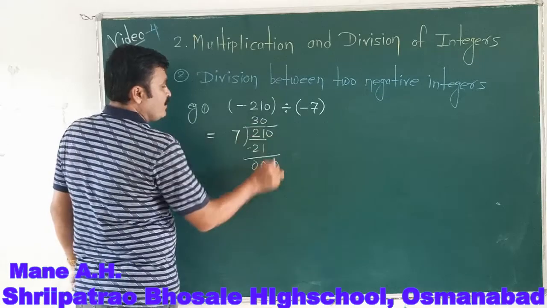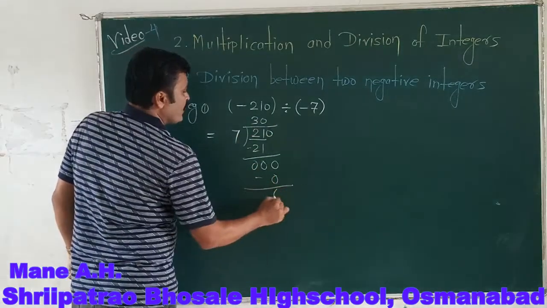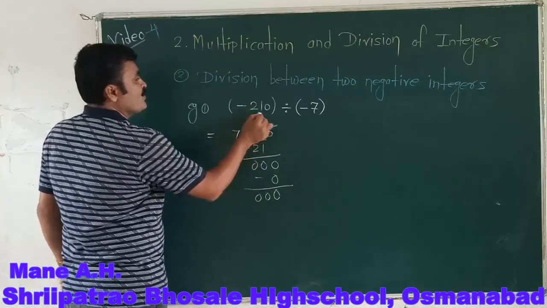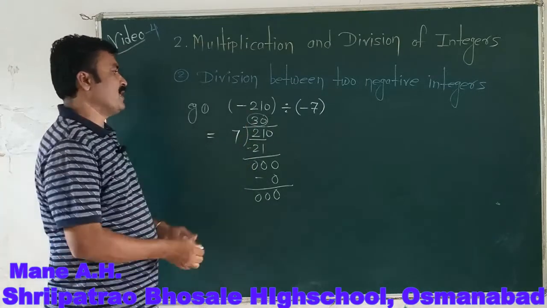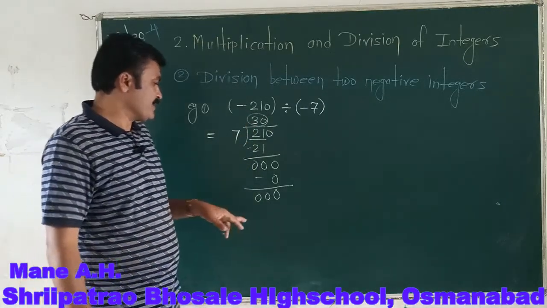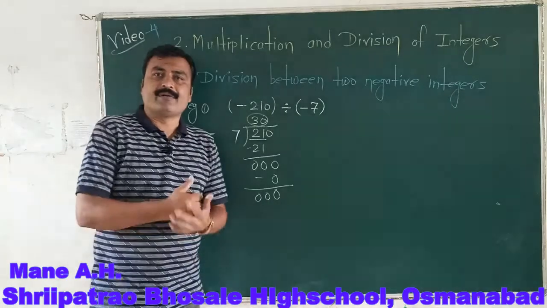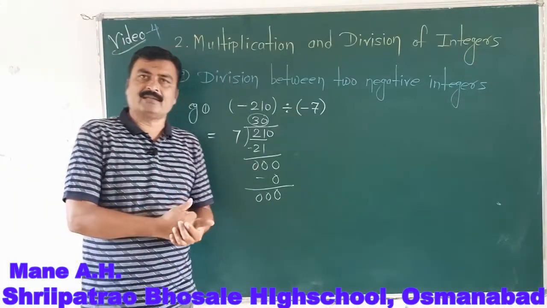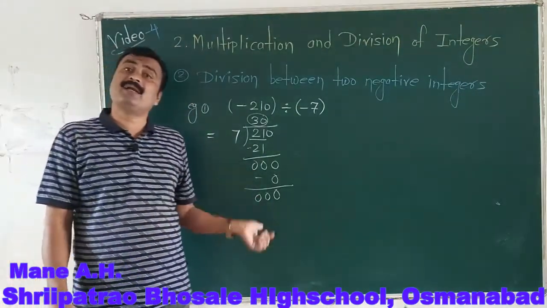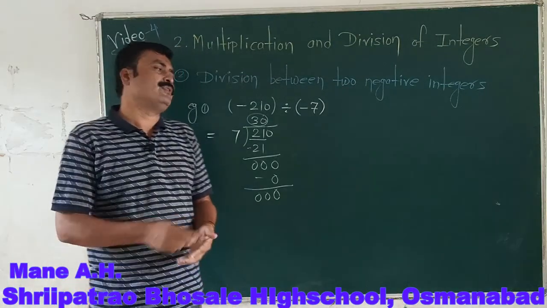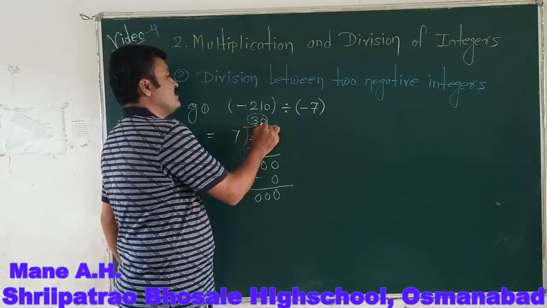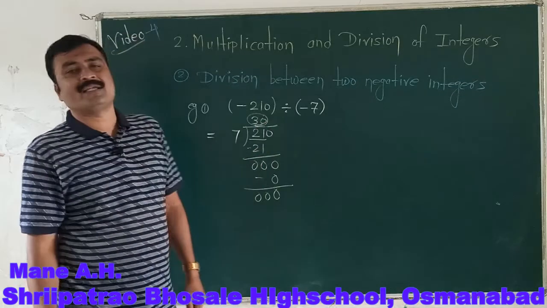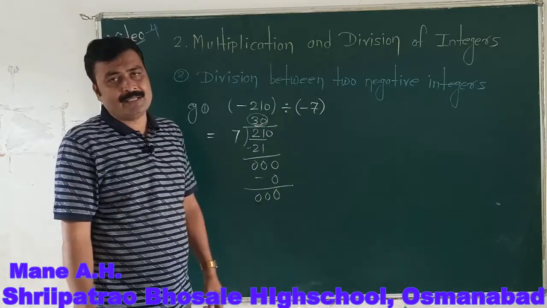Now 7 into 0 is 0, so 0 minus 0, now we get 0, so we get quotient as 30. So in this, at the last remainder we get 0 there. That means we say this is a complete division, and in this complete division the quotient that we get as 30, this we take into the group of integers there.